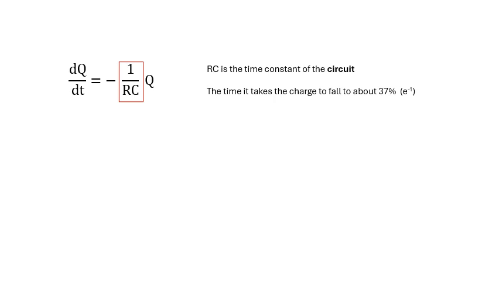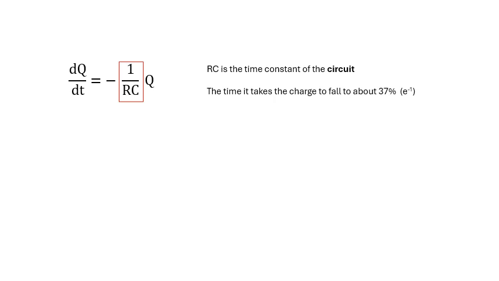The RC, as you should know, is called the time constant of the circuit. It's a property of the circuit. It depends on the capacitance and it depends on the resistance. RC is the time it takes the charge to fall to about 37%, about 0.37, which happens to be e to the minus 1.